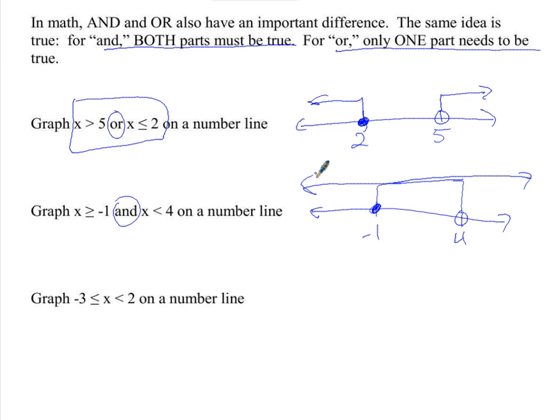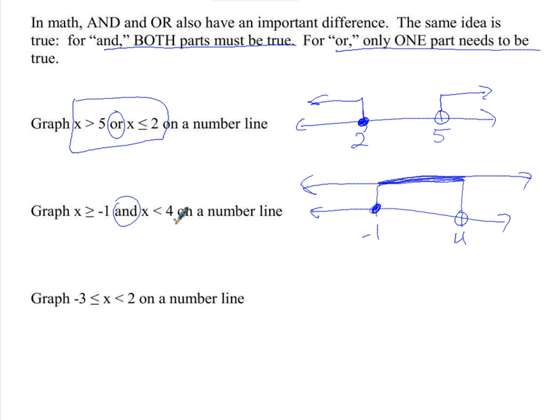So where on this number line are both inequalities true? In the middle. The part where we had the overlap, here and here. All of this stuff in between works for both inequalities at the same time. This stuff over here works for one of them. This stuff over here works for the other one, but only in between does it work for both. Okay? And that's what and needs. And needs to be true in both cases.